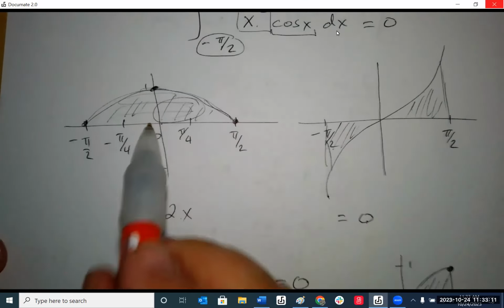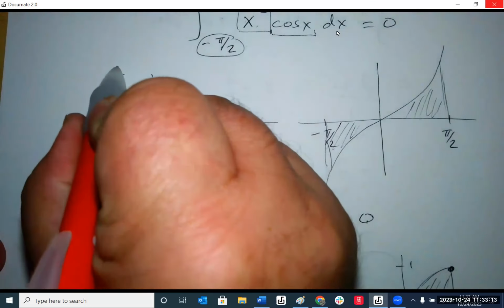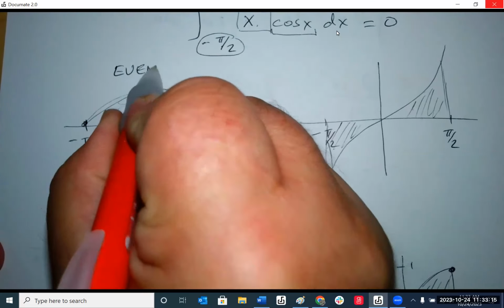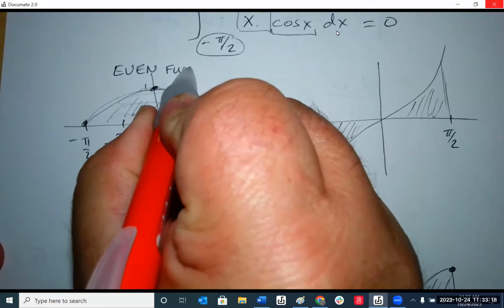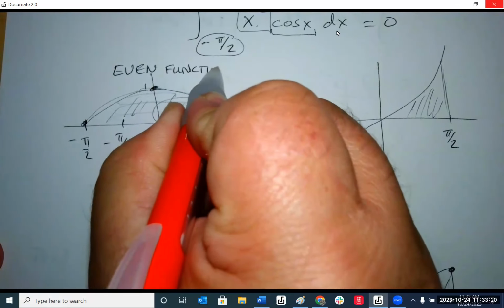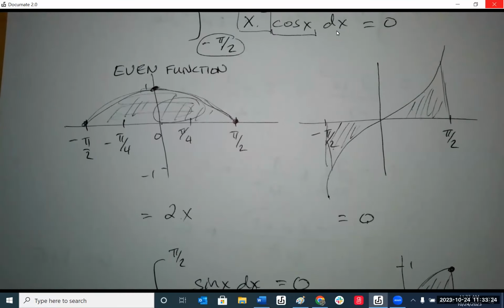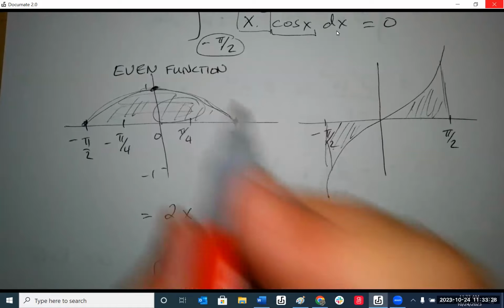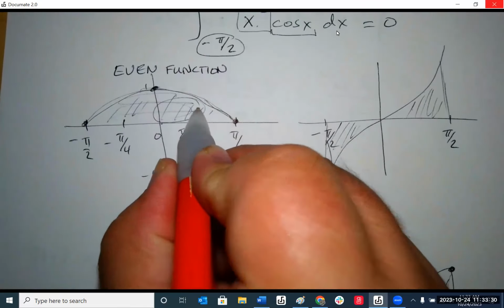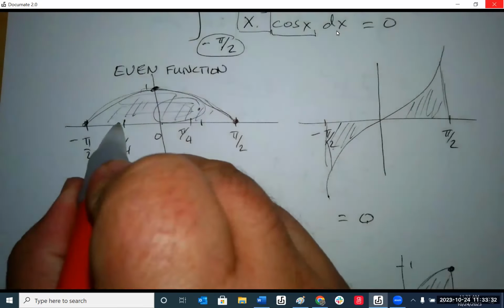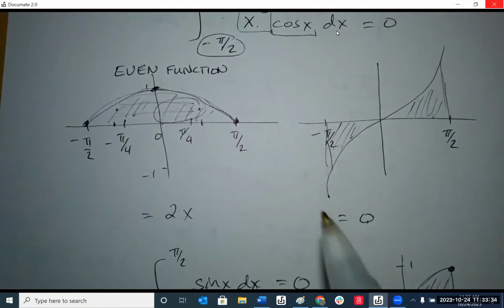So a function like this is an even function. What is an even function from algebra? If I put in x, I get a y value. If I put in negative x, I get the same y value.